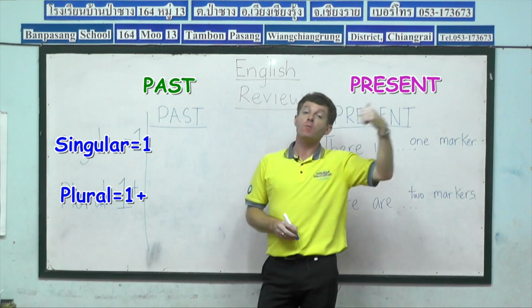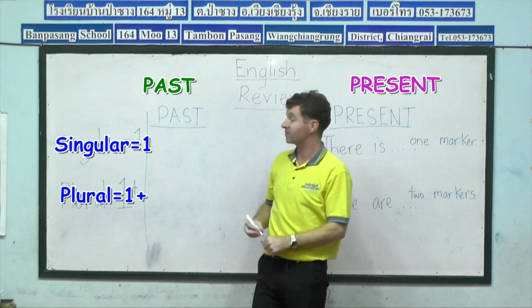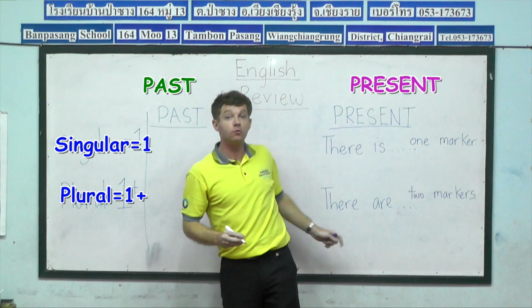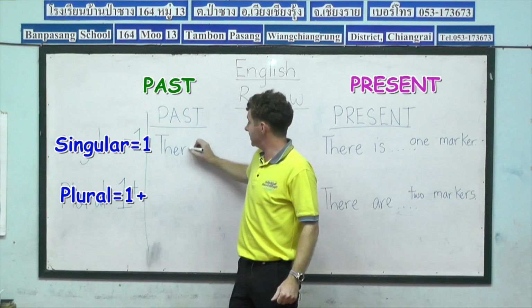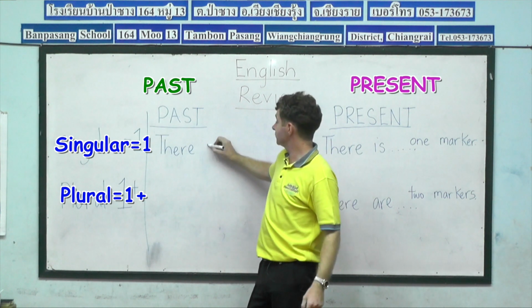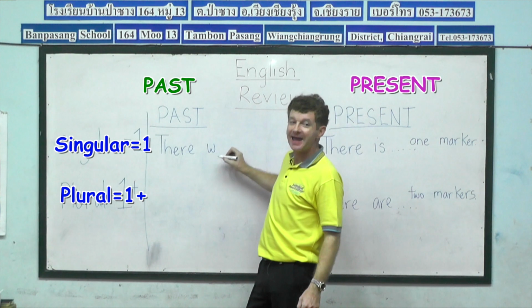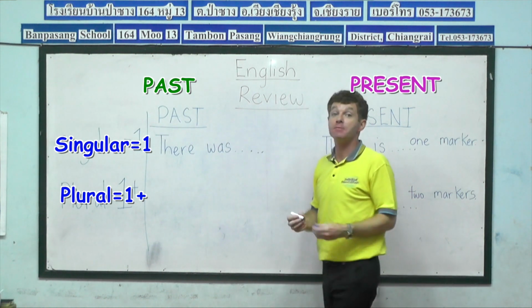When we go from the present to the past, singular object, we still use there, always using there. T-H-E-R-E. Was. W-A-S. There was.